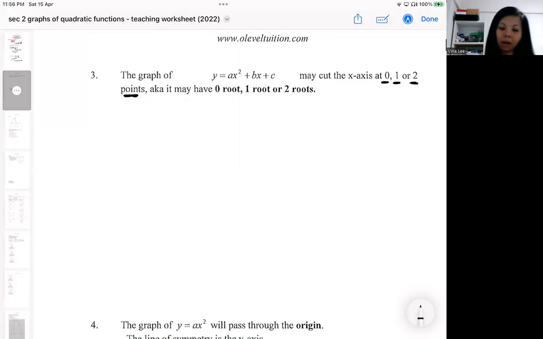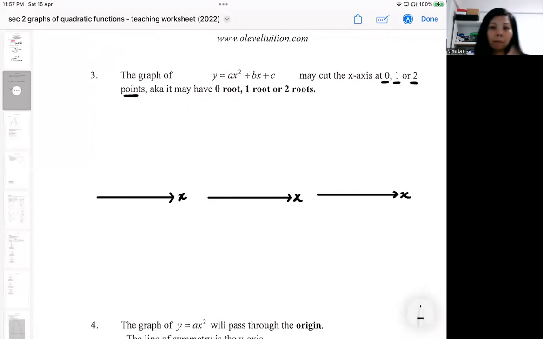It will not cut at 3 points. It will only cut at 3 points where you have a cubic function. You will be handling cubic function in upper sec A math, so it will not be happening in E math.